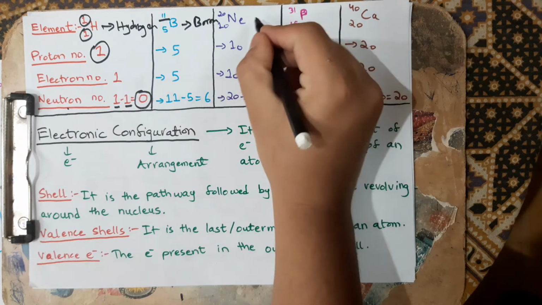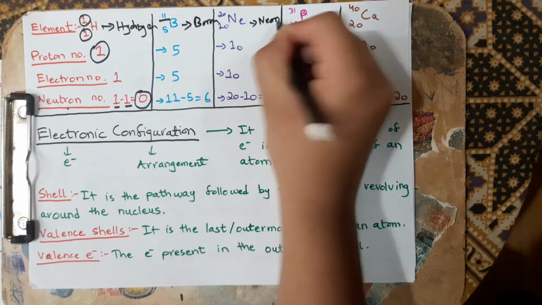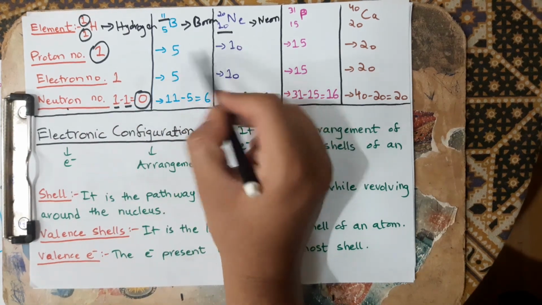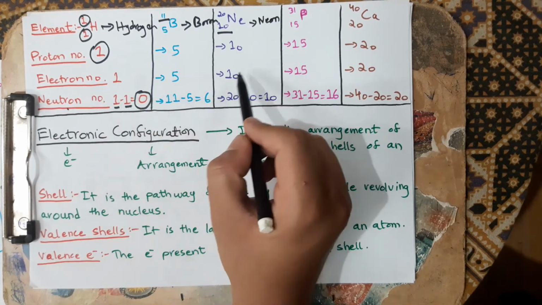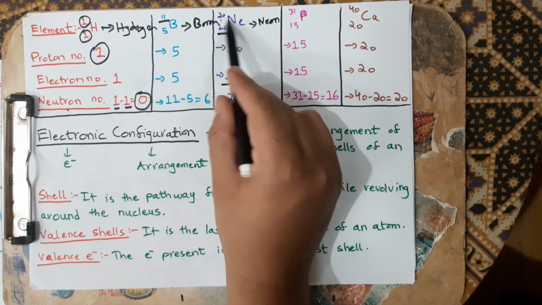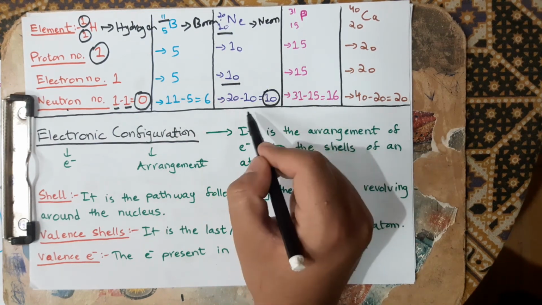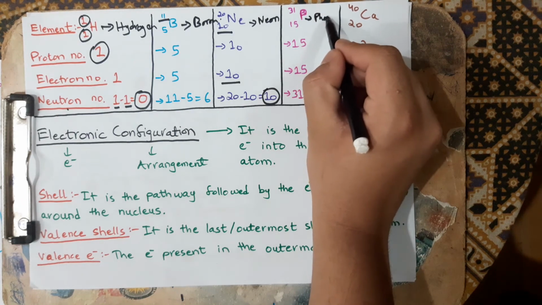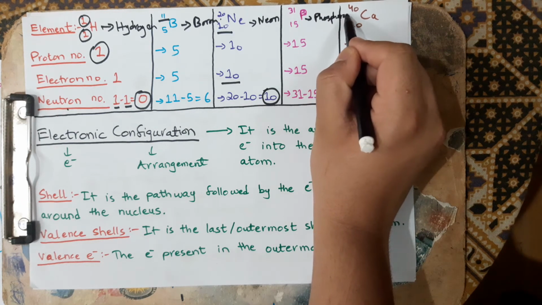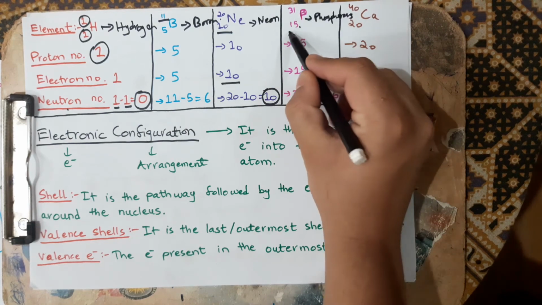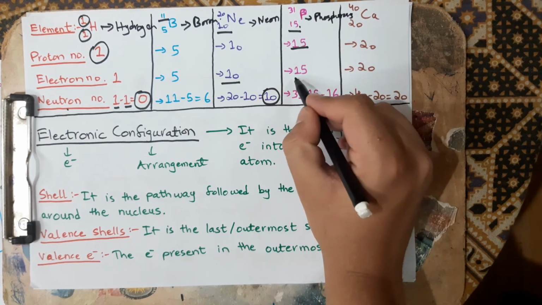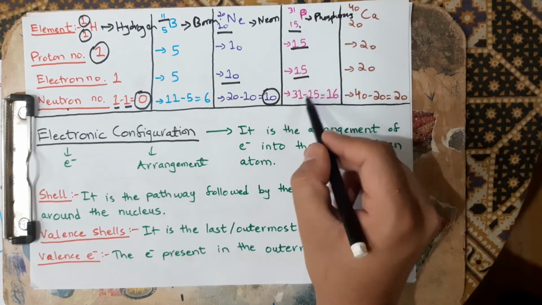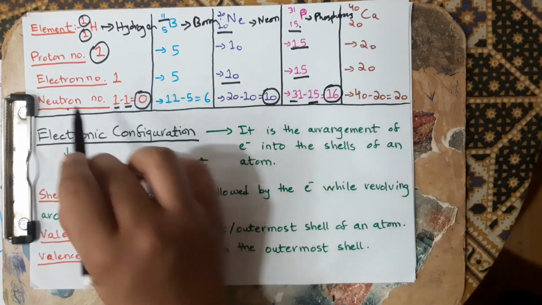Same for neon, Ne, 10 and 20. Proton number is 10, and the electron number is also 10. Neutron number: 20 minus 10 is equal to 10. Then for phosphorus, P, 15 and 31, the proton number is 15, equal to the electron number, and then the mass number minus the atomic number gives 16 as the neutron number.